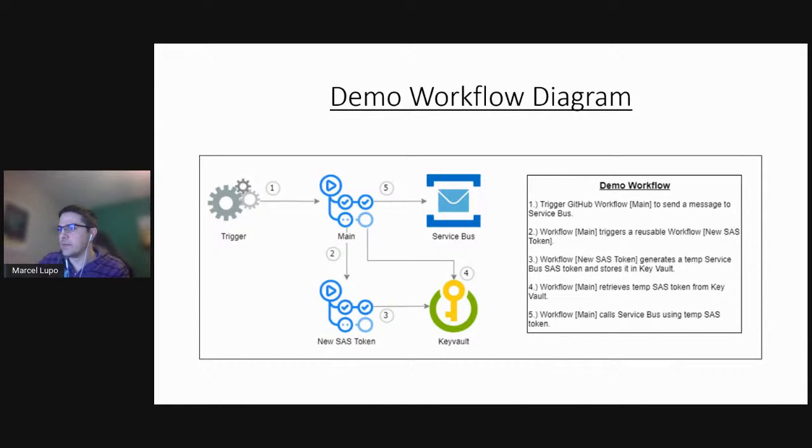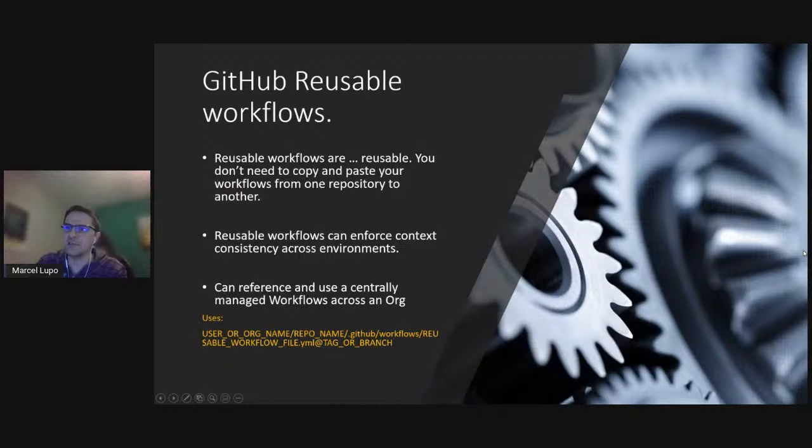So let me just quickly jump to the next screen here. So, what is a GitHub reusable workflow? Reusable workflows are basically reusable, so you don't need to copy and paste workflow code from one repository to another.